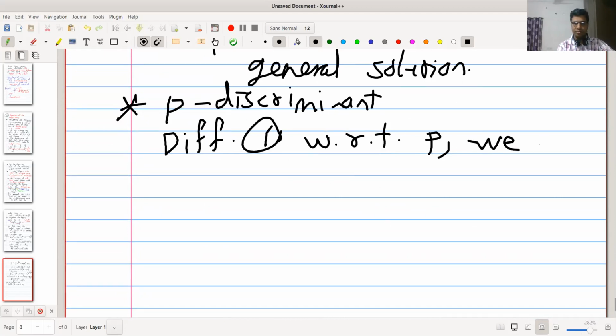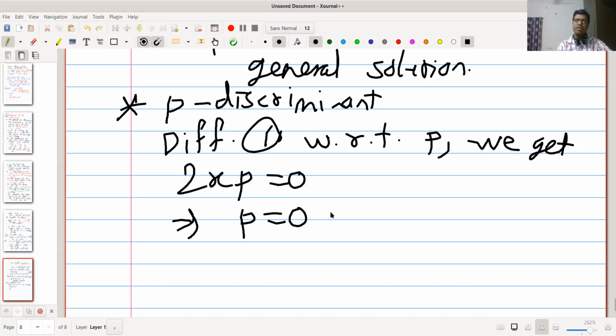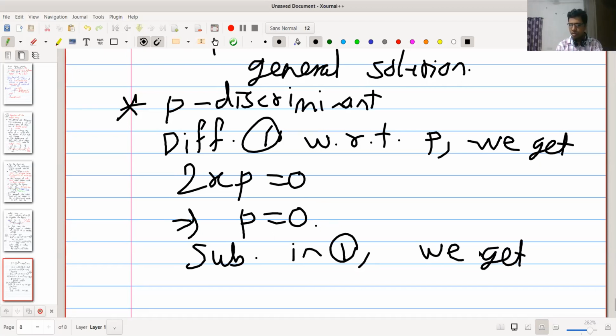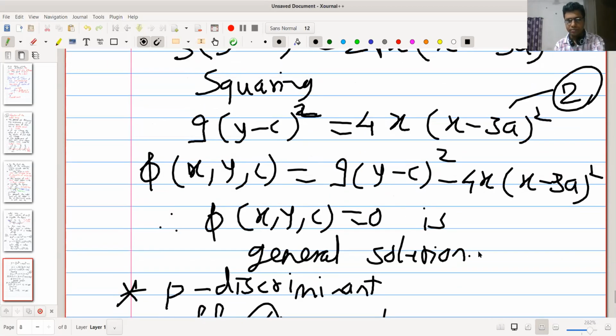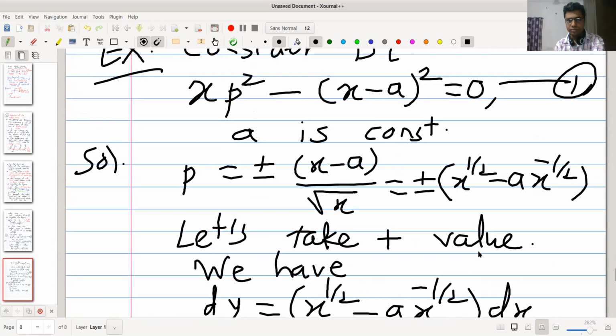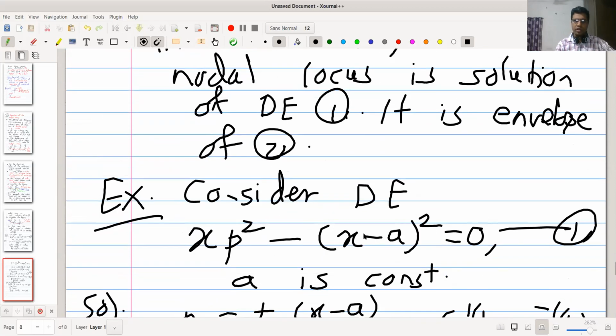We get 2 times x p equal to 0, which implies p equal to 0. Now we substitute this in 1. Substituting in 1, if we put p equal to 0 in 1, we get x minus a square equal to 0.